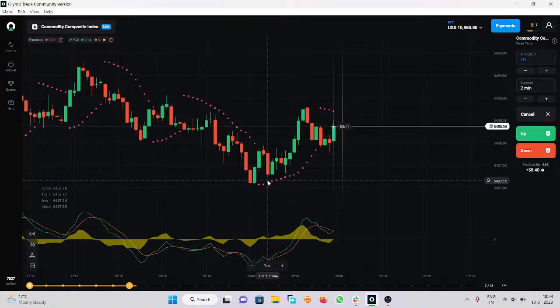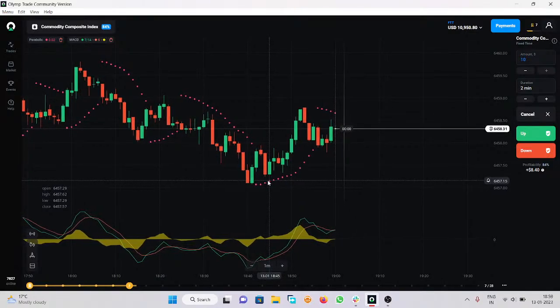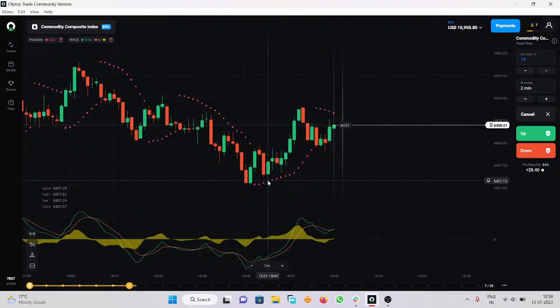So parabolic SAR is basically used to determine the short-term movement of a given asset. Whenever we need to check the short-term movement of an asset, we will have a chance to open a trade with the parabolic, and parabolic can provide a nice movement of a shorter trend.